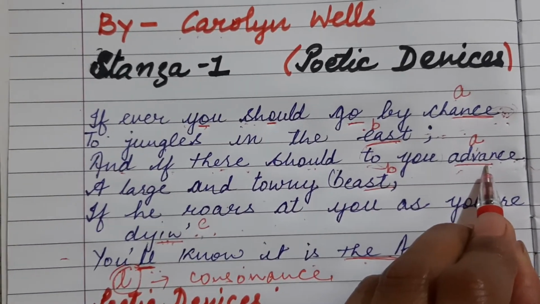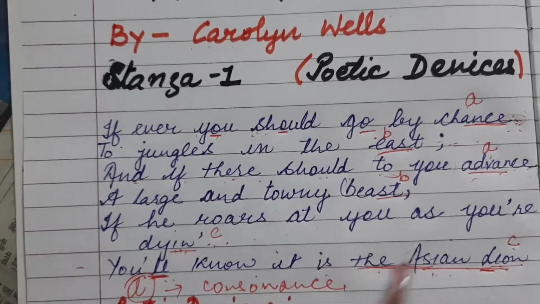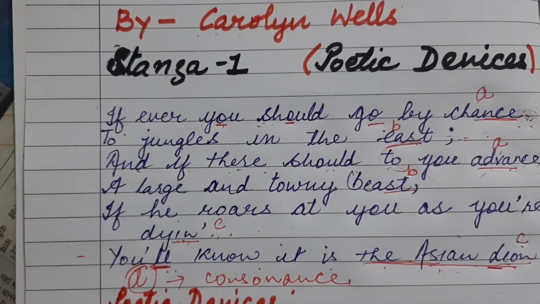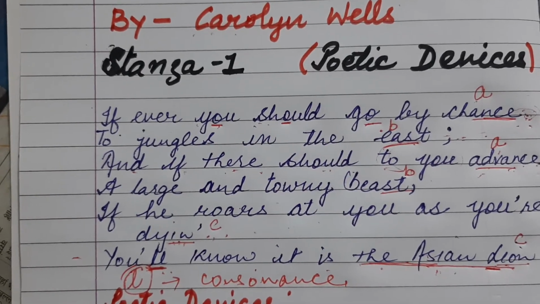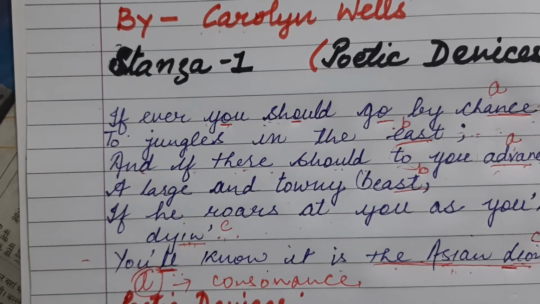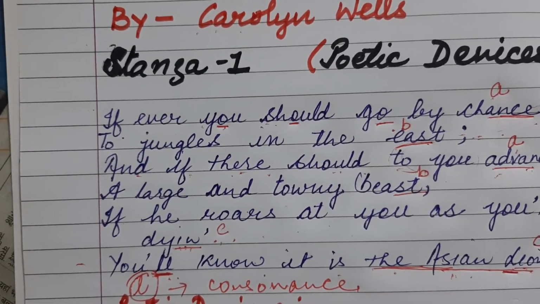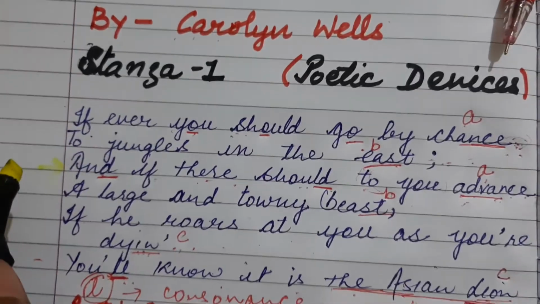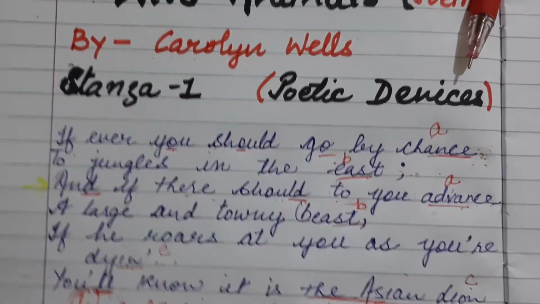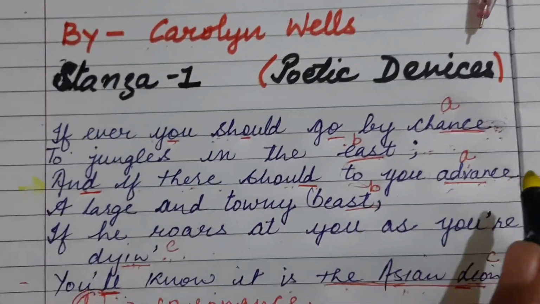Similarly, if you see the third line, and if there should you advance. Now find out which letter is being repeated here. Yes, students, look at the third line now. And if there should you advance.